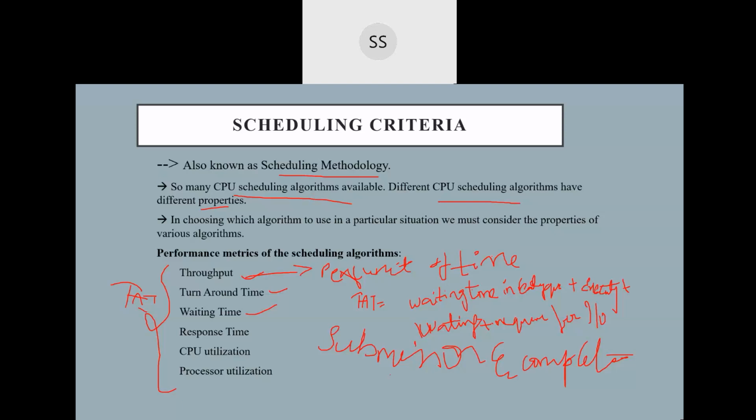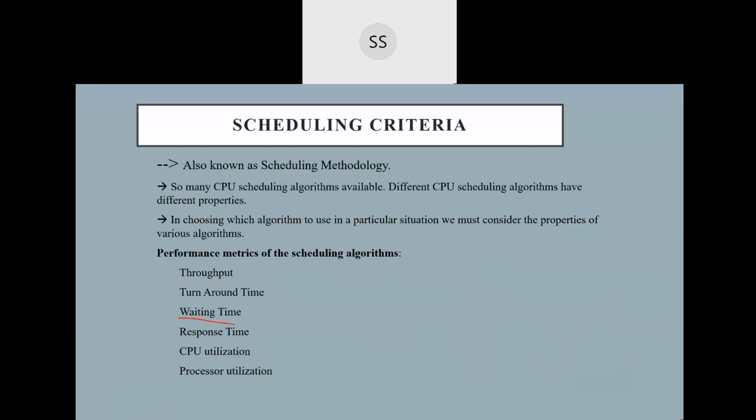Next is the waiting time. Waiting time is the sum of the periods where the process is waiting, to be executed or to be submitted. Next, response time. Response time is the time duration until the first response.